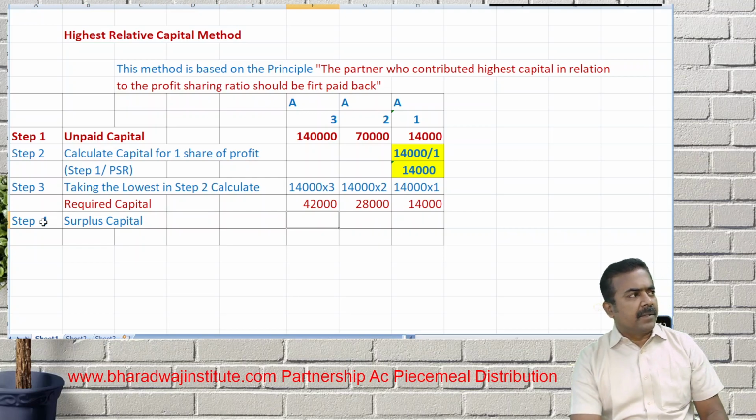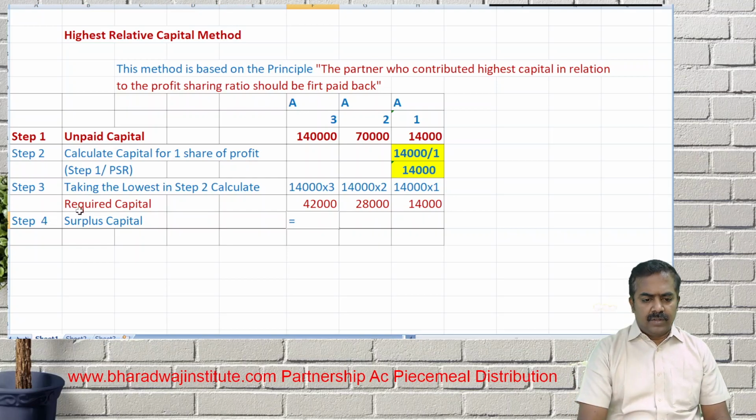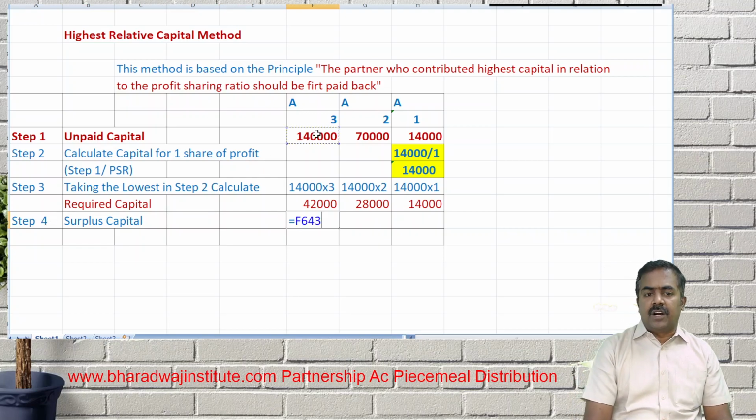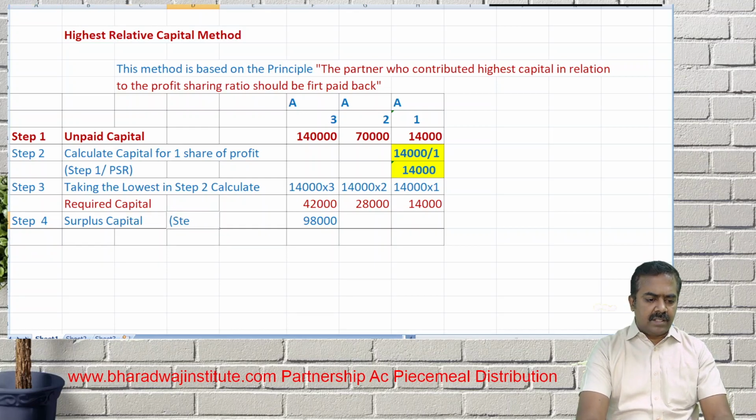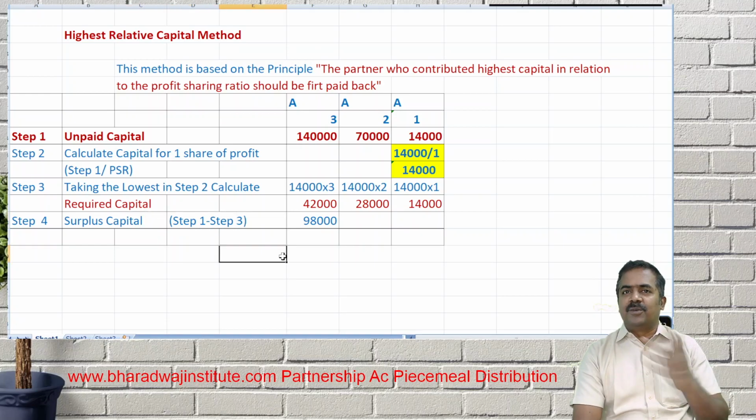1,40,000 is contributed by A, but the required capital is only 42,000. Surplus capital is step 1 minus step 3. If I had not taken an example and just written this, you would not have understood anything.